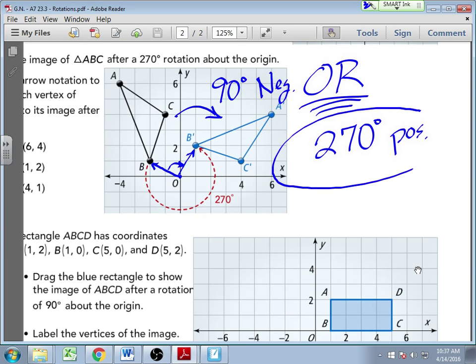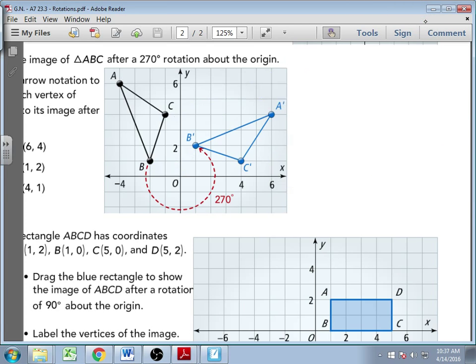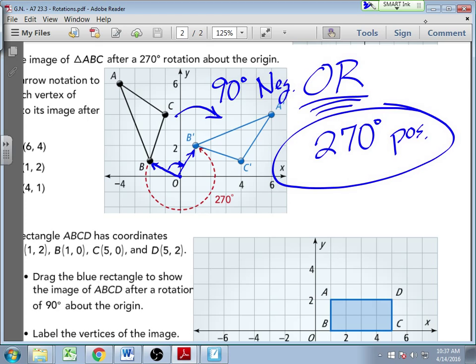So we would use 270 unless we specifically say negative rotation. If a homework question says, what is the degrees of rotation from the original figure to the prime figure, this answer will be 270 degrees, because we assume positive unless we're told otherwise.